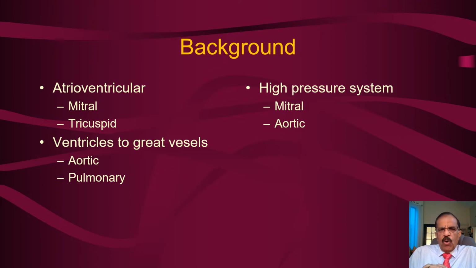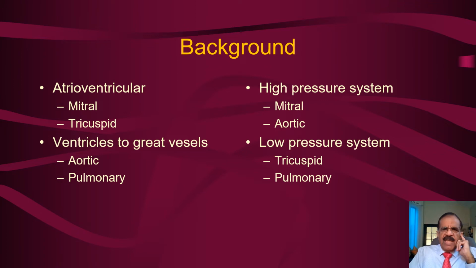I think it is always a left-sided disease which is present in rheumatic heart disease, because of high pressure, I believe. Then we have the low pressure system on the right side, the tricuspid valve and the pulmonary valve. So valves on the left side are more likely to be damaged in a rheumatic process and also in an infective process as compared to the right side.